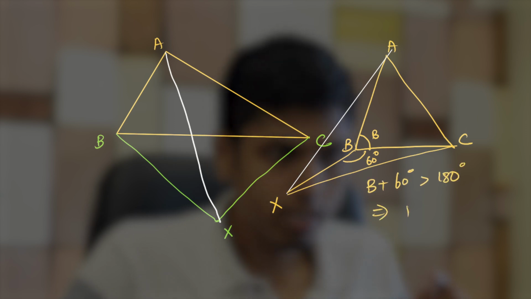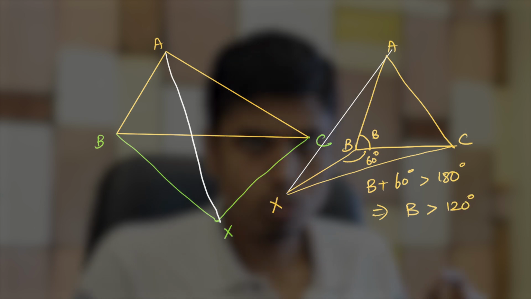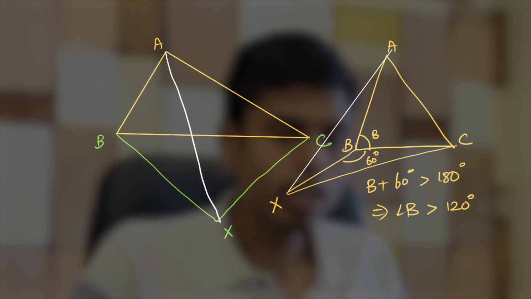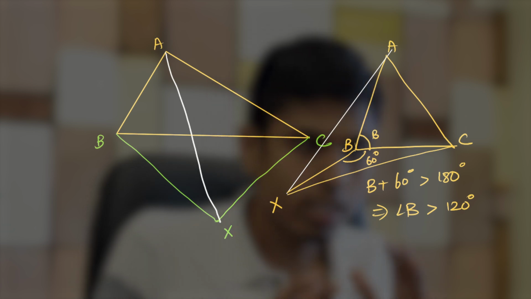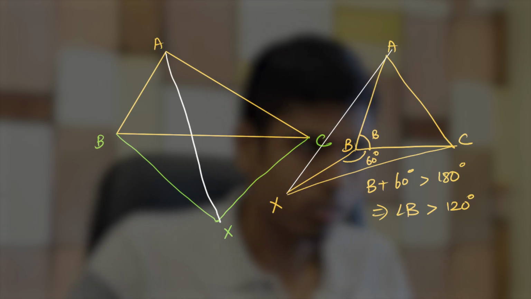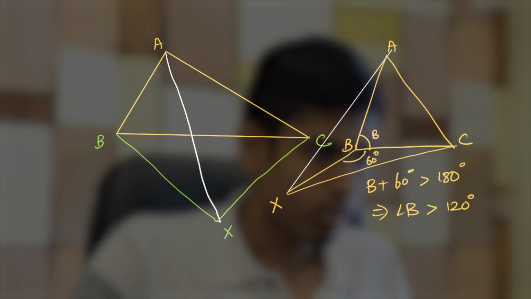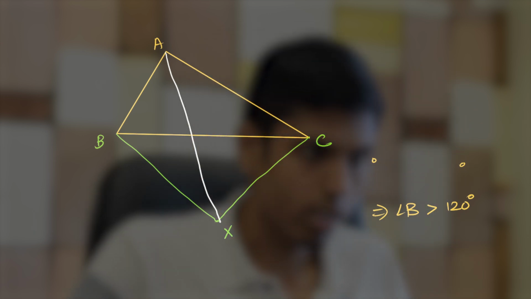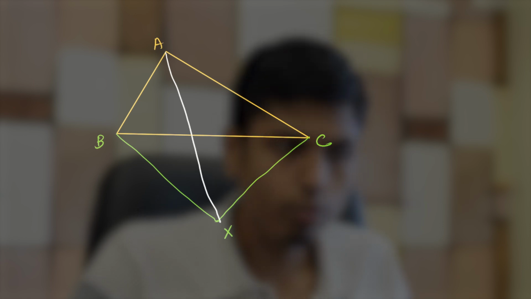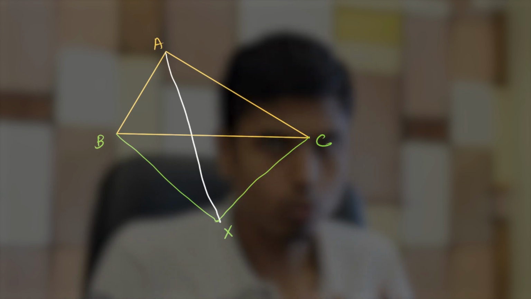That implies angle B is greater than 120 degrees. But that's not true. We are considering an acute angle triangle here, right? So X cannot lie in this configuration. So AX should divide the acute angle BAC. So this is the first observation that comes by virtue of the condition acute angled.